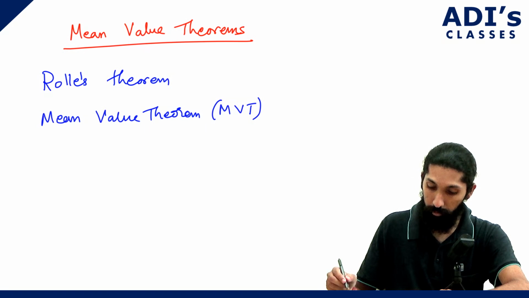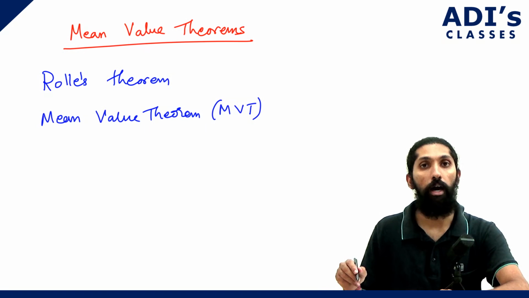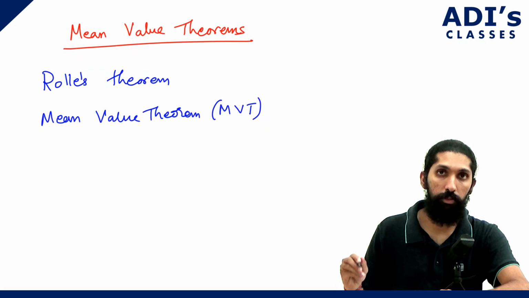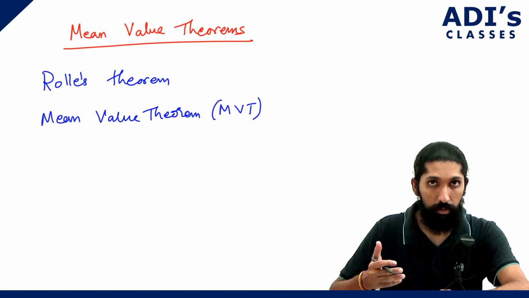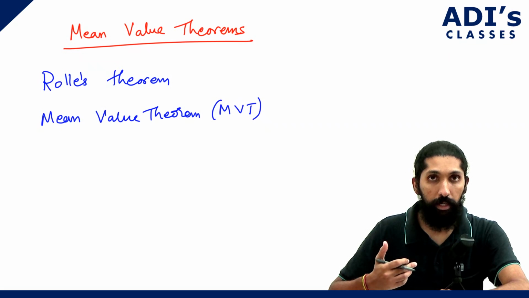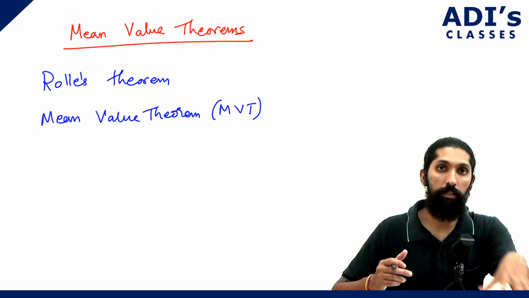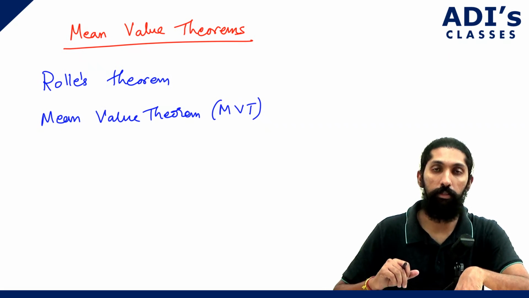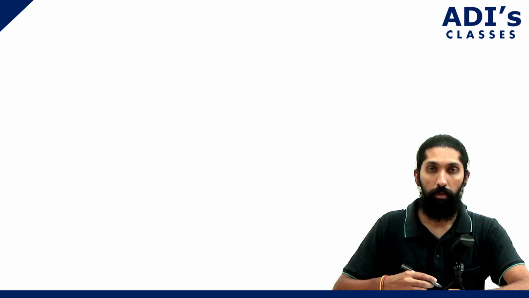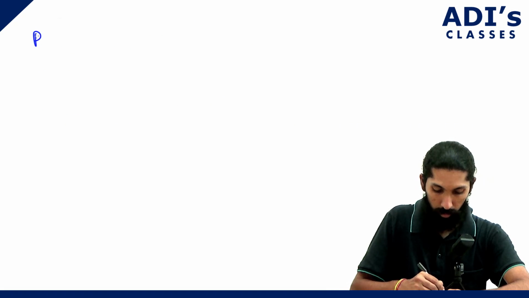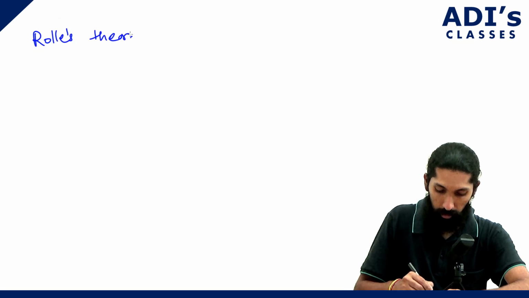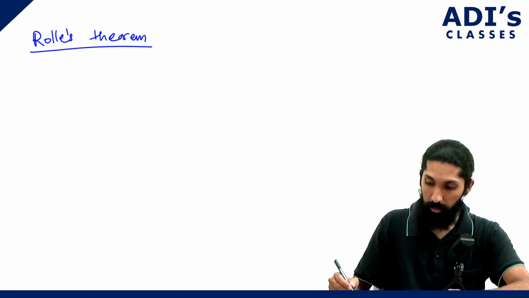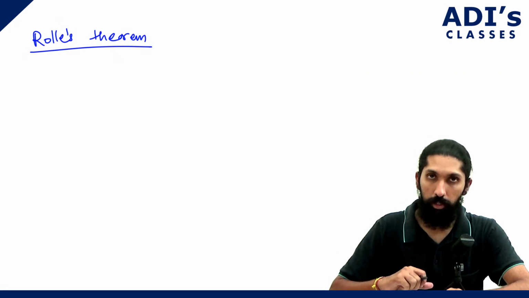Now we are going to discuss both Rolle's theorem as well as the mean value theorem. Alright, let's start with what is Rolle's theorem and what exactly does it give you. In Rolle's theorem, first we take a normal function f of x.